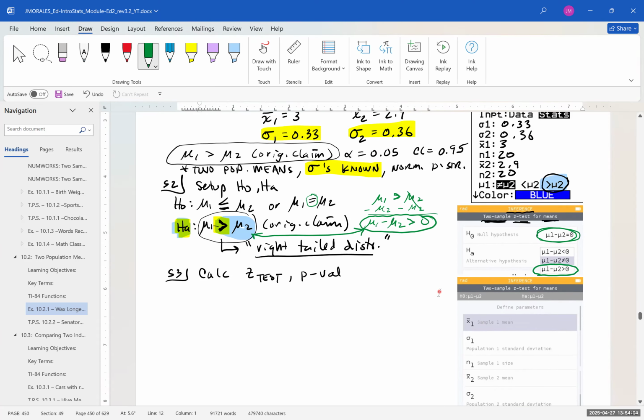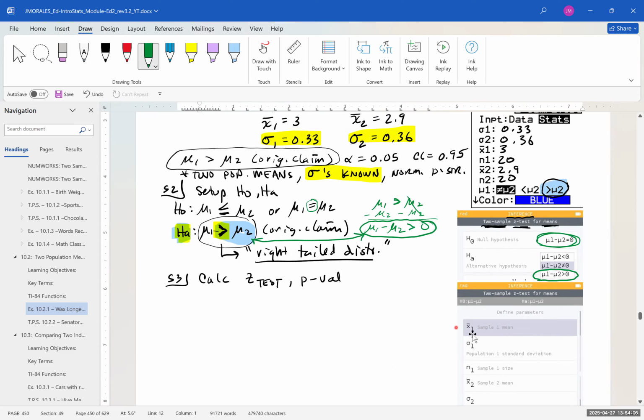Okay. And now we just need to put in much of the same values. It's got a different order here. It puts everything for the first sample and the first population first, and then the second sample and the second population second. So let's go ahead and fill this in. X bar 1 is 3, sigma 1 is 0.33, and n1 is 20.